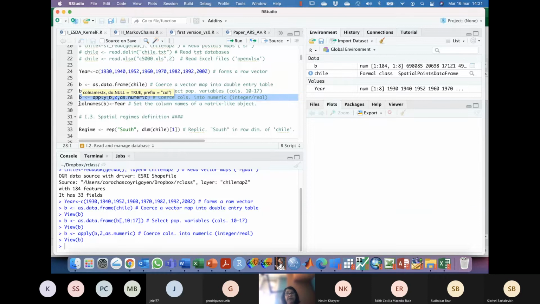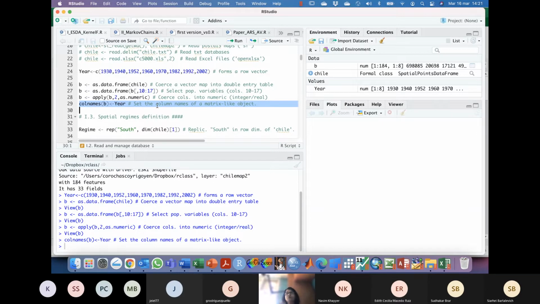And here the colnames is the way we are going to name the columns with the years.